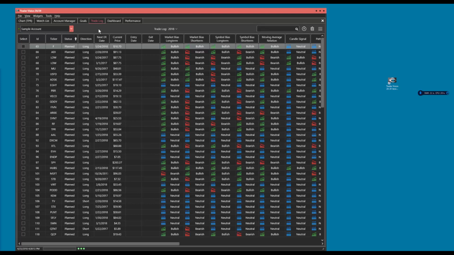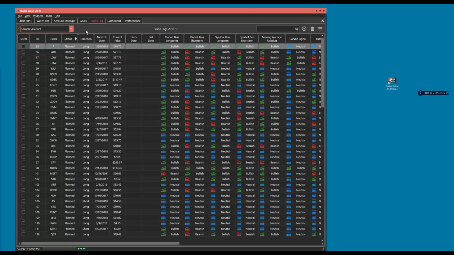You can use it for multiple types of trading. The way I would strongly recommend that you do it is by creating multiple accounts. And I know traders have done this who, for example, have their swing trading account, their long-term account, and if they have a short-term trading account, they will have those as separate accounts.